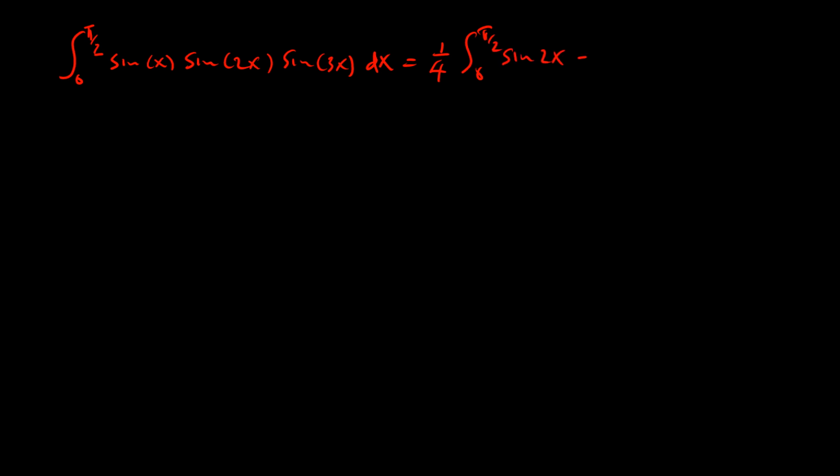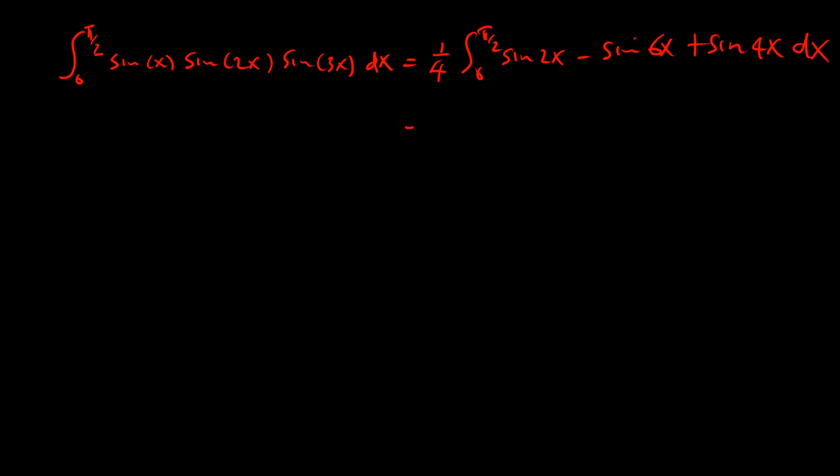Now we have our integral from 0 to pi over 2 of sine x sine 2x sine 3x being equal to a quarter of the integral from 0 to pi over 2 of sine 2x minus sine 6x plus sine 4x dx.